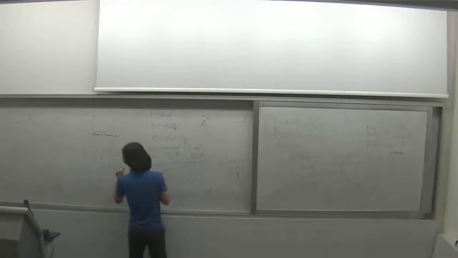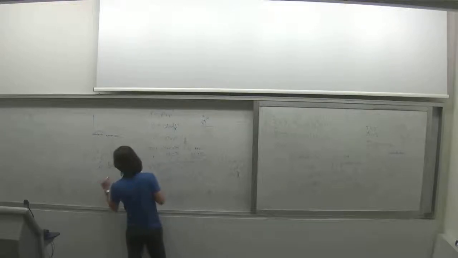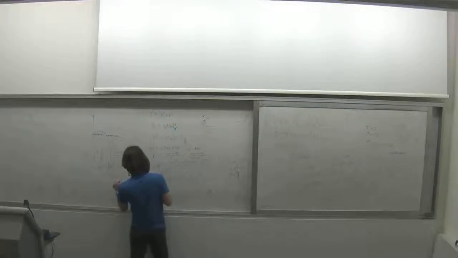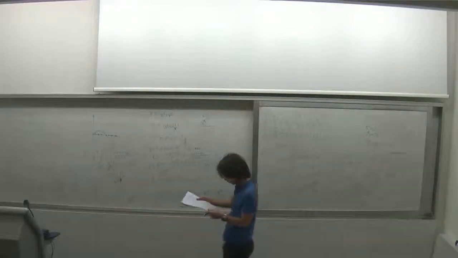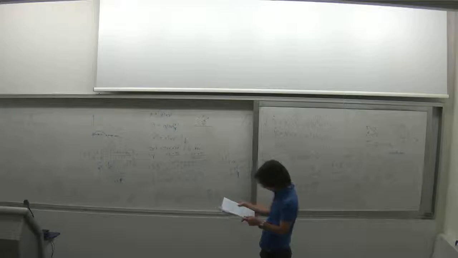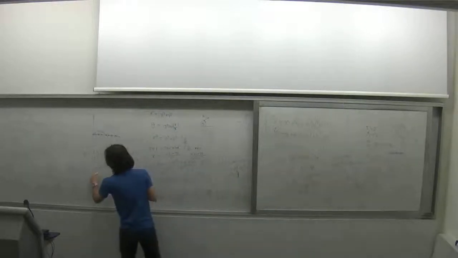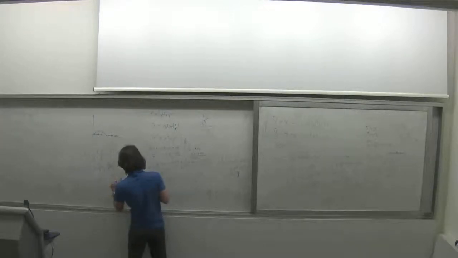This cancels out. x y dot minus y x dot divided by x squared plus y squared.